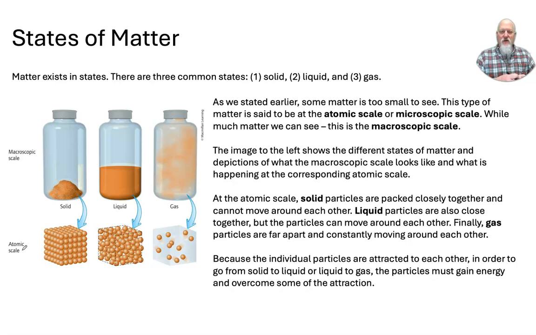They have more energy than the attractive forces between them, and now they can move around each other freely and move away from each other freely, right? So the main difference in all these is the amount of energy the particle has, and the ability that energy has to overcome the attractive forces that naturally occur between particles.